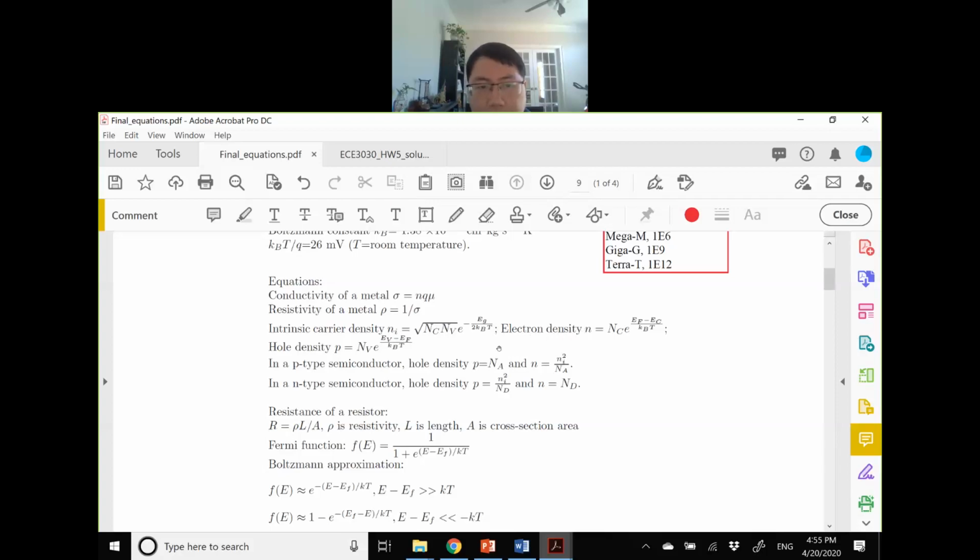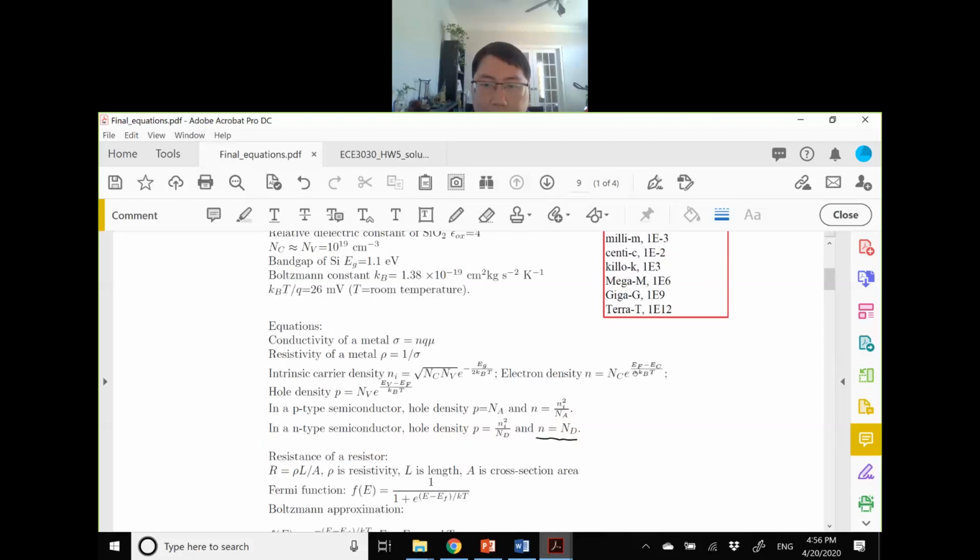The reason is that if you do the N-type doping, the electron density will be the same as the doping density, your donor density ND. That means you can back calculate what is the distance between the EF and the EC.